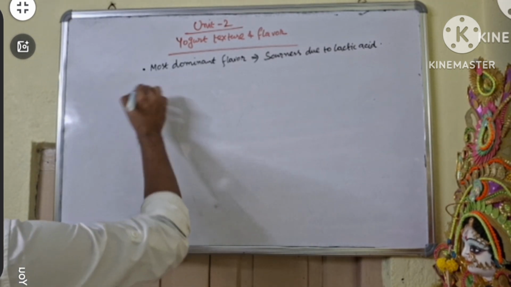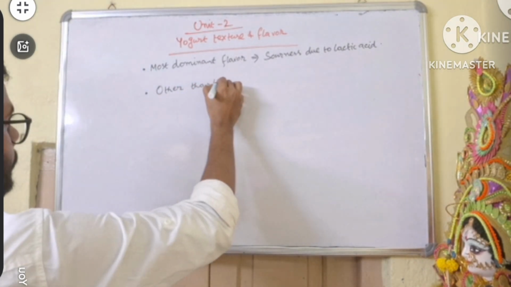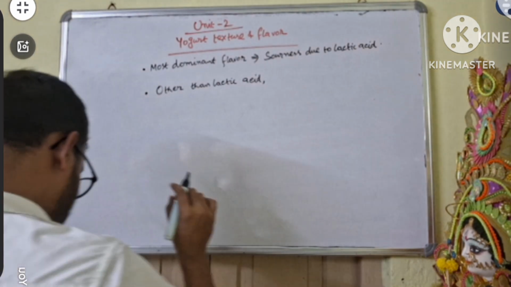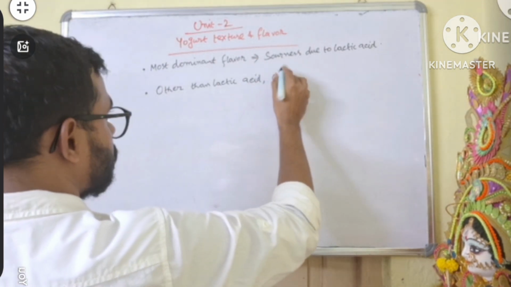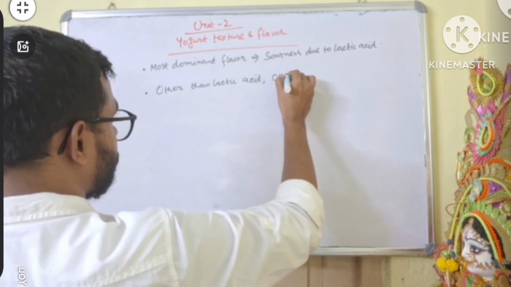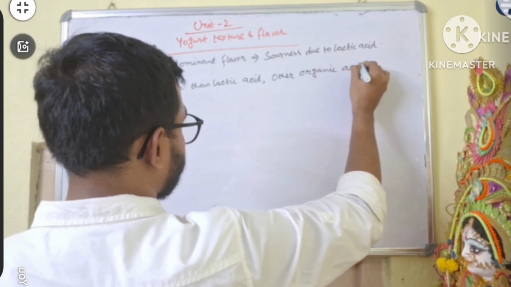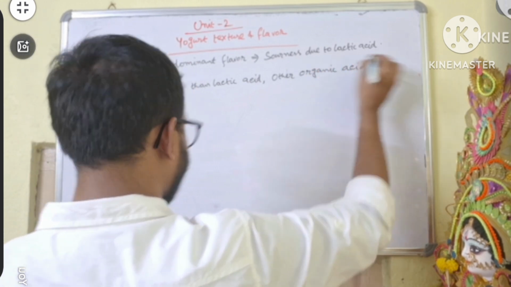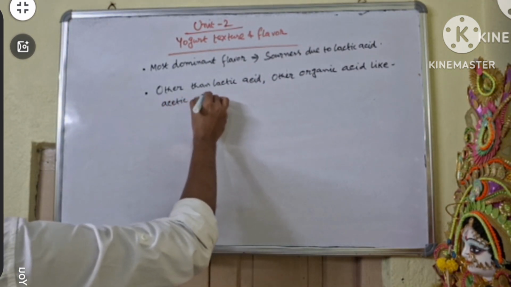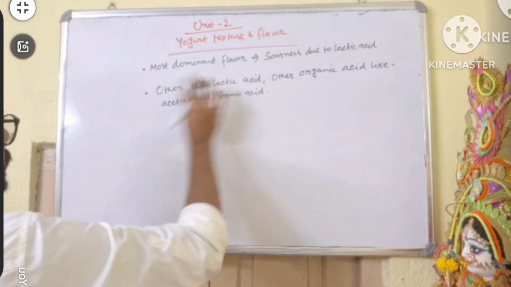Other than lactic acid, some concentration of other organic acids can also be found in the yogurt, like formic acid and acetic acid, but they are not dominant.